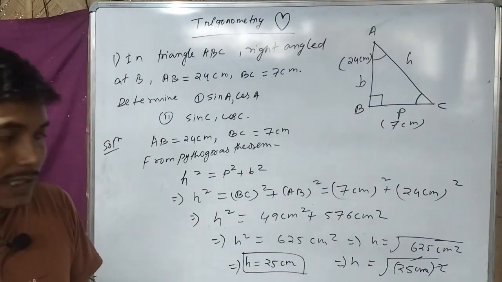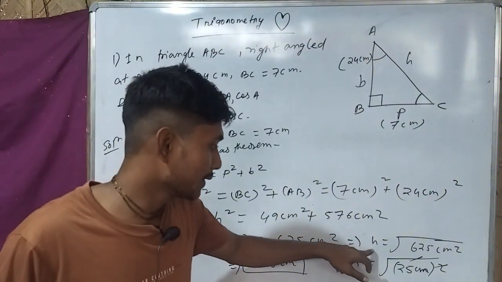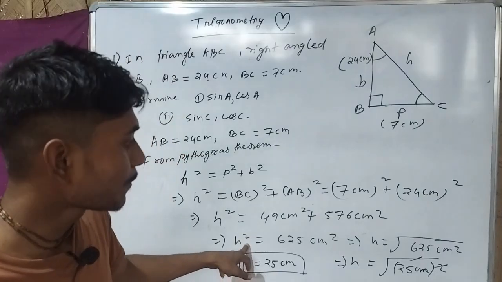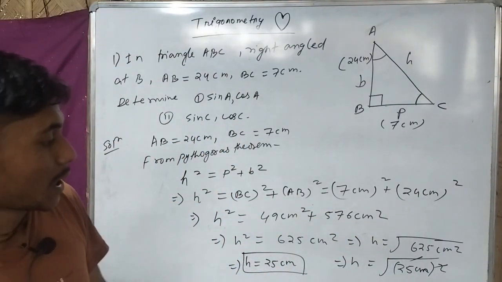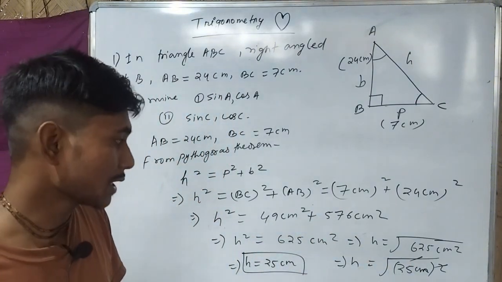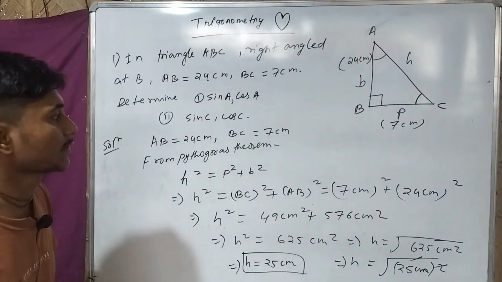If you add both, you get 625 centimeter square. Taking the root, h is root over 625, which is 25 centimeter, so the square and root cancel. You get h is 25 centimeter.